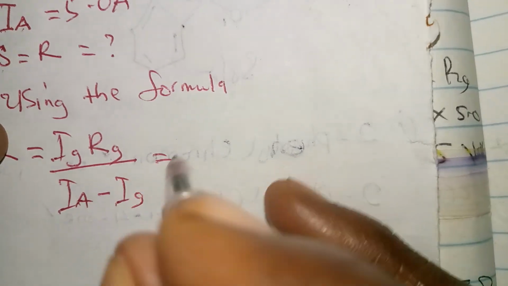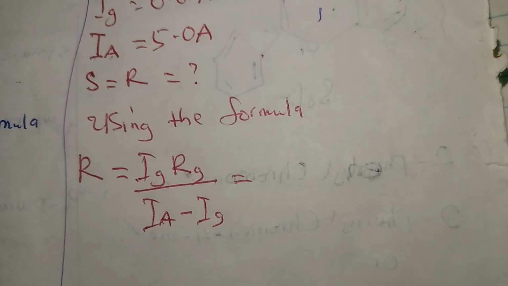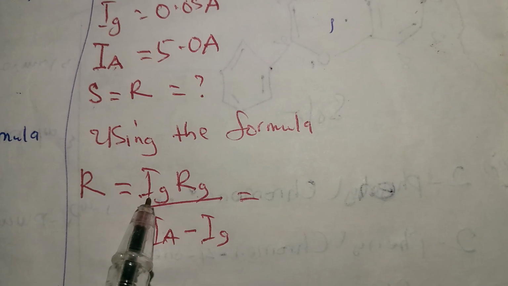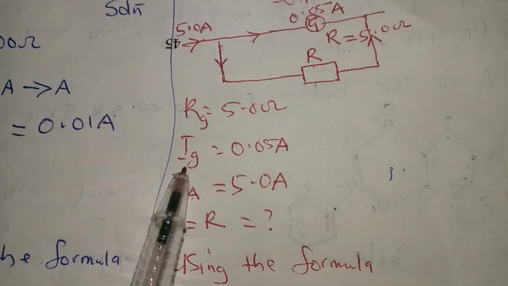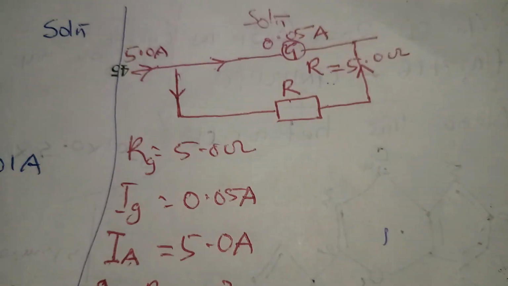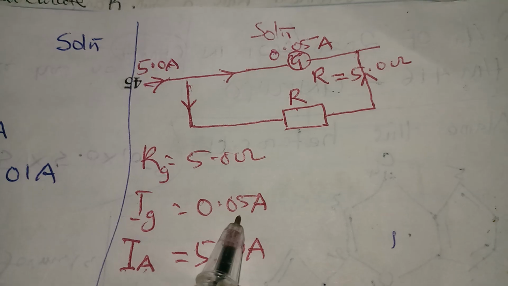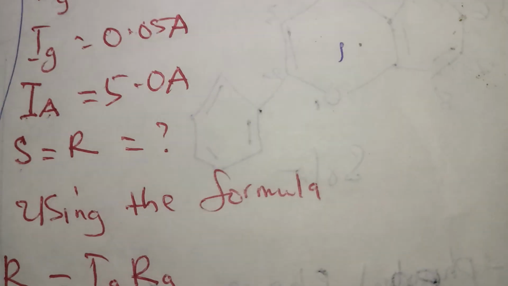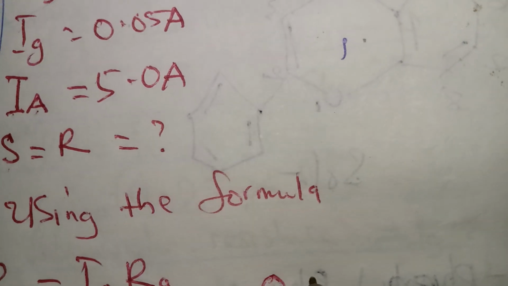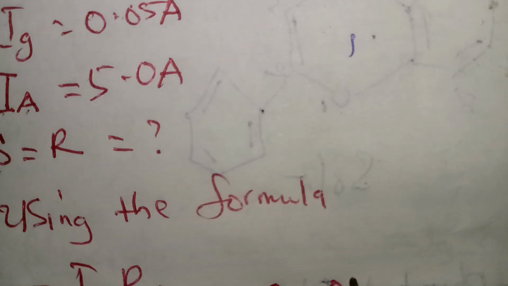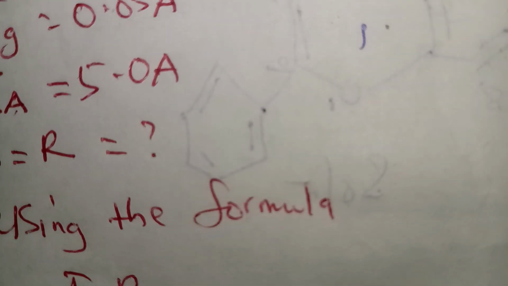Now, following this, what is my IG? My IG is 0.05. What is my RG?